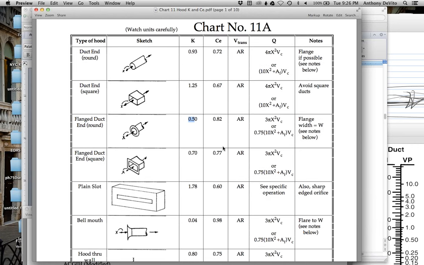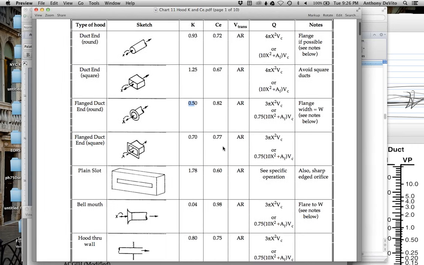And the formula that we're going to use for calculating the quantity of air that we need to achieve the capture velocity is given in one of these two formulas. I posted something last week in the class notes, and I think I put an announcement up too, that these two formulas are derived differently.